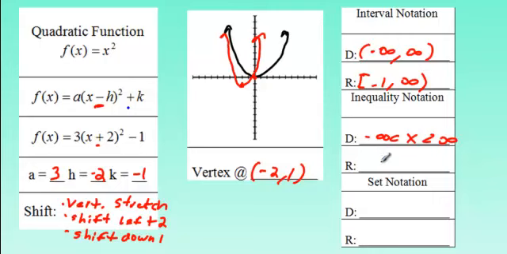For the range, we'll just say -1 is less than or equal to y, and y is less than infinity. Set notation: x such that x is in the set of all real numbers. And for our range, y such that y is greater than or equal to -1. Okay.